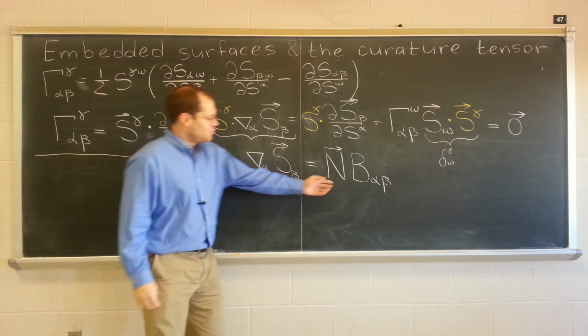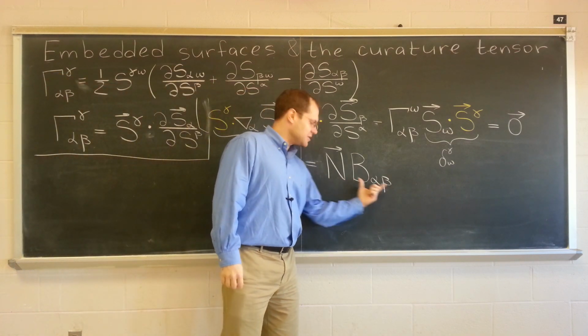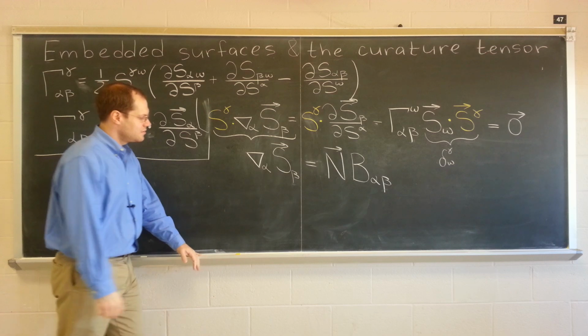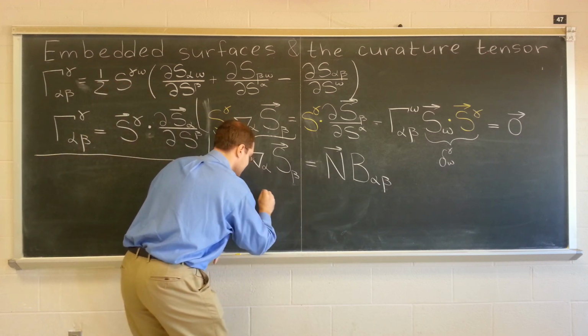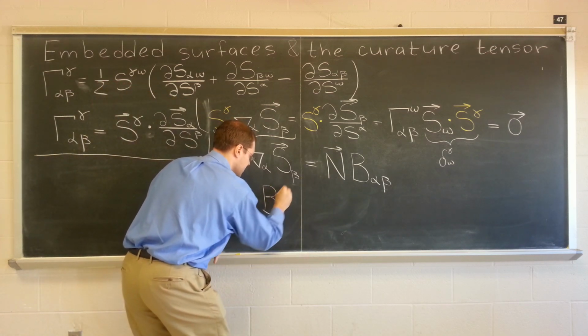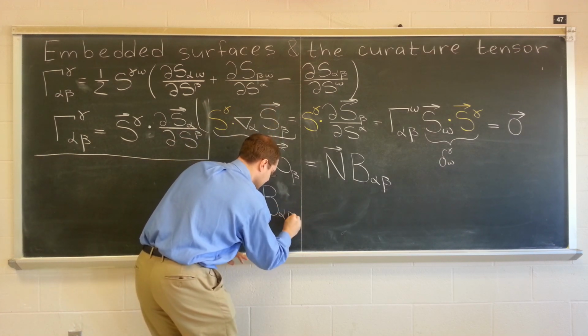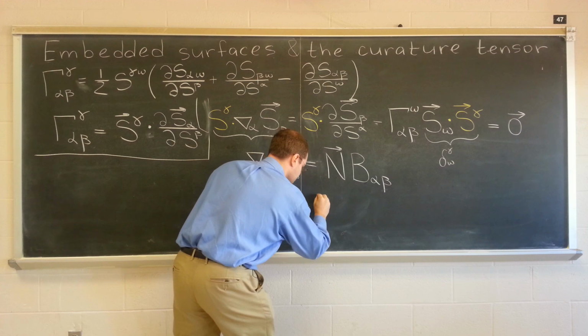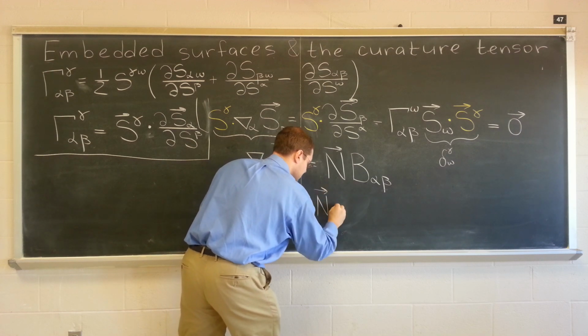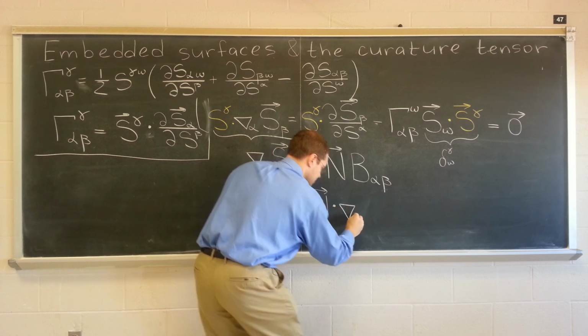Of course, we can get an explicit expression for this by dotting both sides with the normal. So if you want this expression explicitly, here it is, B alpha beta equals the normal dotted with this covariant derivative.